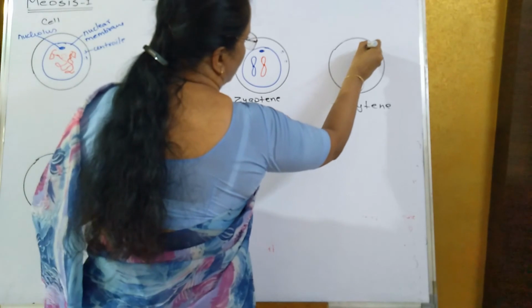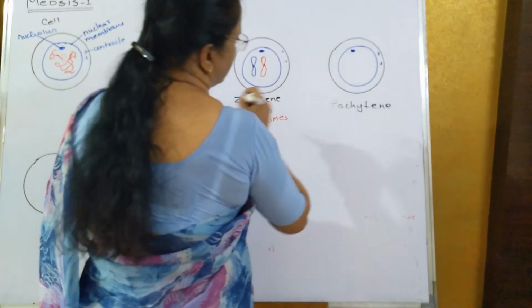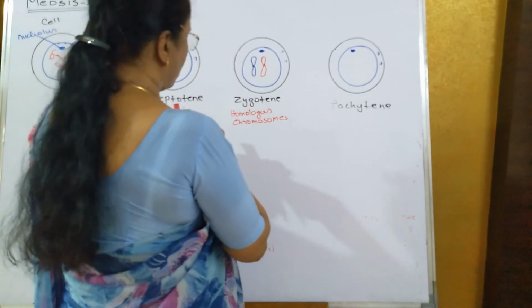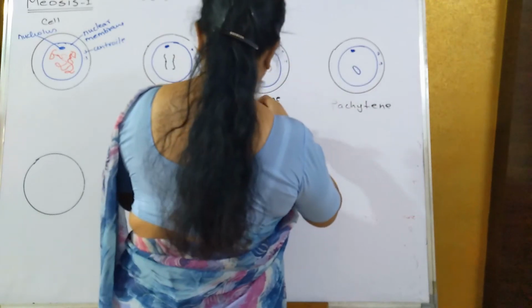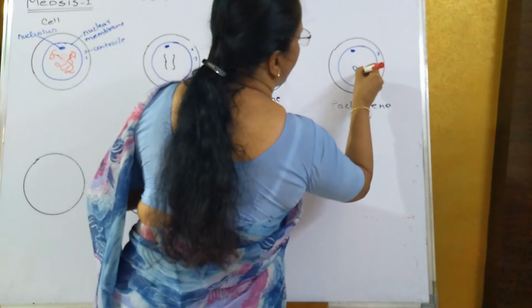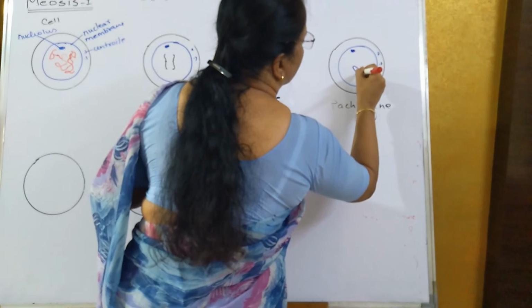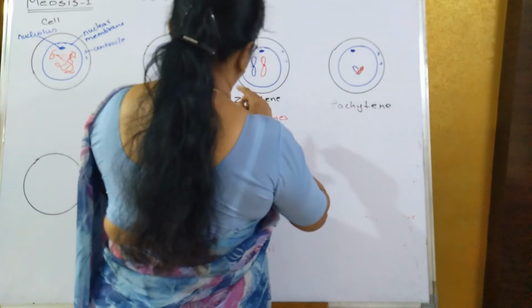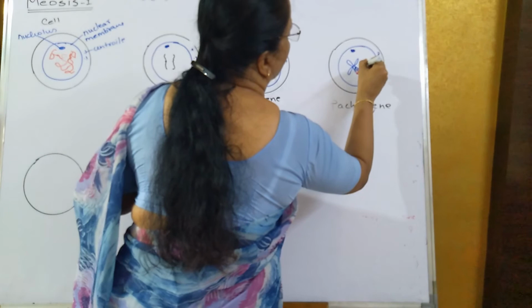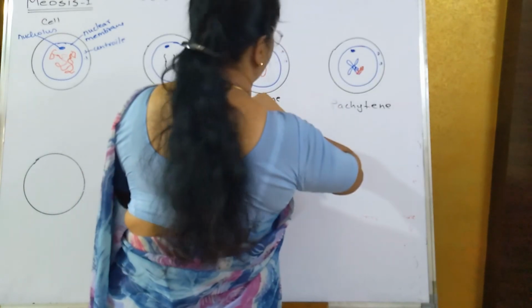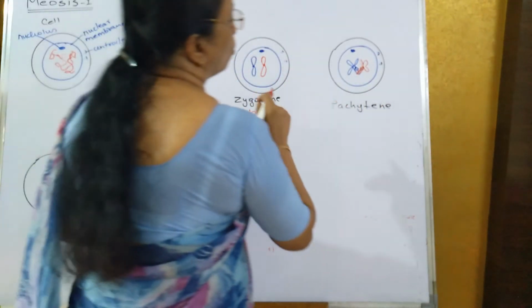Here also the nuclear membrane remains as it is, the nucleolus remains as it is, the centriole also remains as it is, but here the crossing over of the chromosomes takes place. So the chromosomes cross over each other or overlap each other.